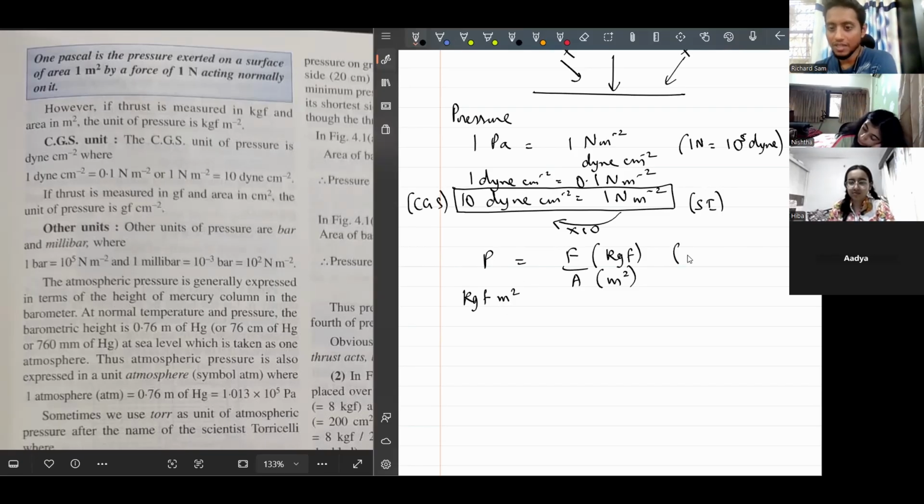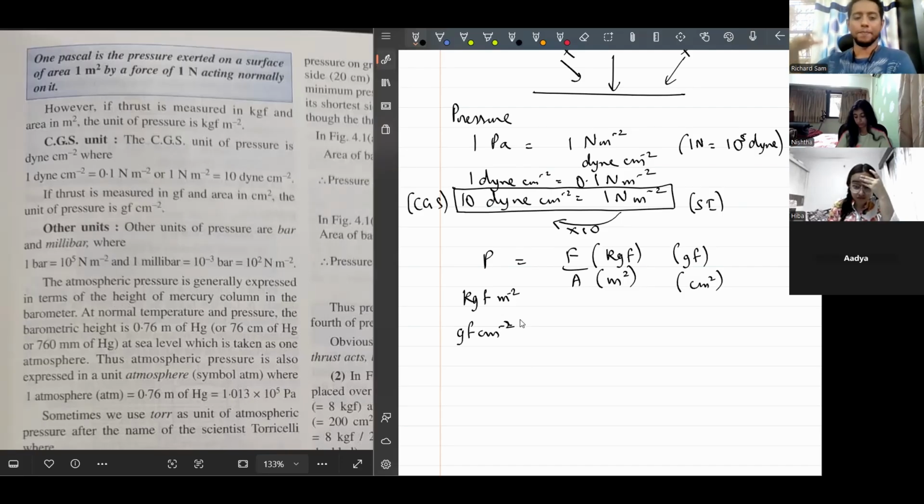Then you can also have the CGS unit, the smaller unit, which is gram force. For force, we can take gram force, and for area, we can take centimeter square. So the unit would be gram force per centimeter square. Just note down these different units. You just need to know them in case you have to use them.